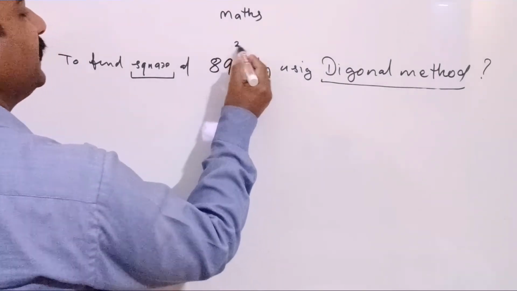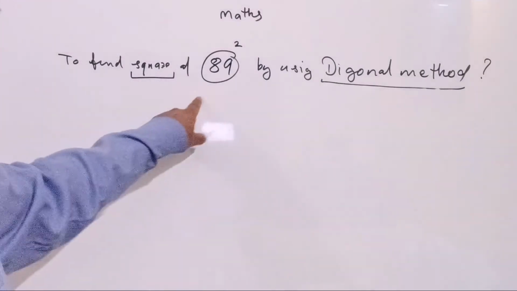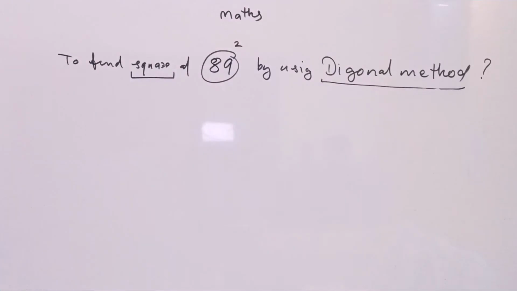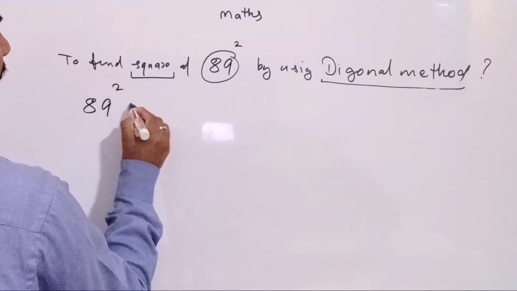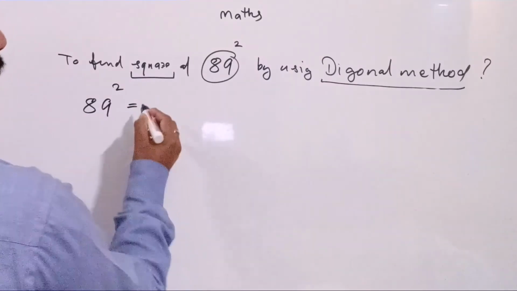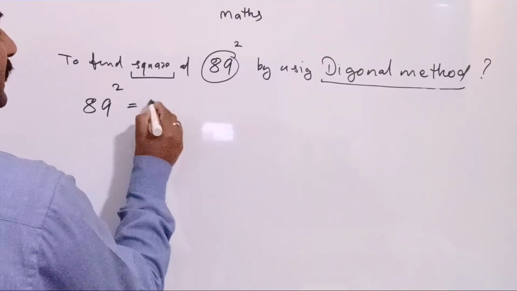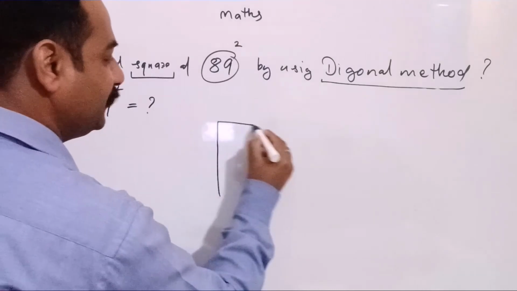Now, if we take one another example, that number is 89 whole square. If we have to calculate the square of 89 by using diagonal method, then how to calculate? Here, your question is to calculate 89 whole square. So here, our first number is 8 and second number is 9. So guys, you have to make a square.